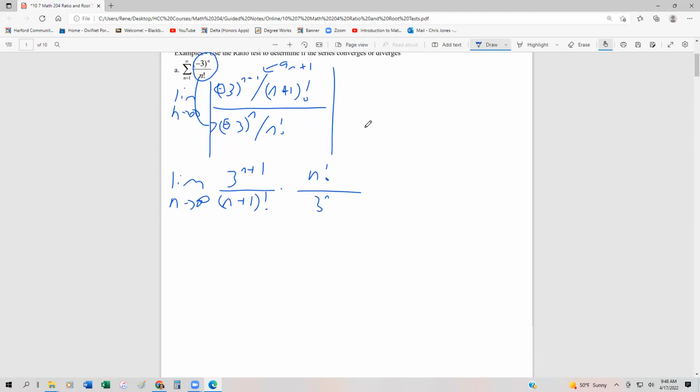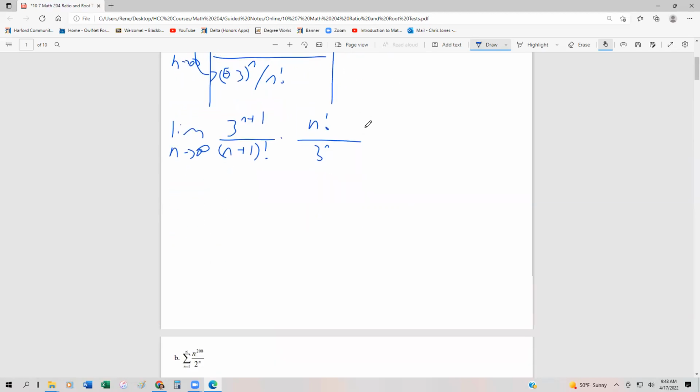Now, if we simplify this, that's going to turn into the limit as n approaches infinity. I'm just going to break off this 3, so I'm going to rewrite the numerator as 3 times 3 to the n, and the other denominator I'm just going to leave as 3 to the n.